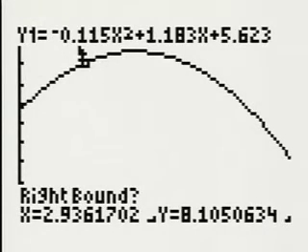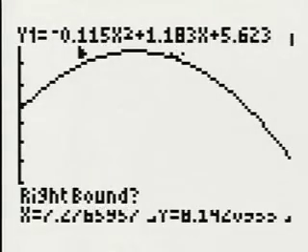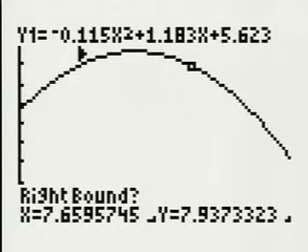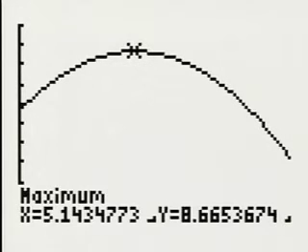Hit enter to select that. For our right bound, we want to scroll so that we're clearly to the other side of the peak, the downward slope. We'll hit enter. And for our guess, we're going to go ahead and try to scroll to the top of the peak and hit enter.